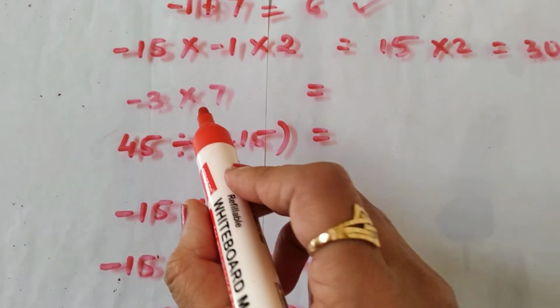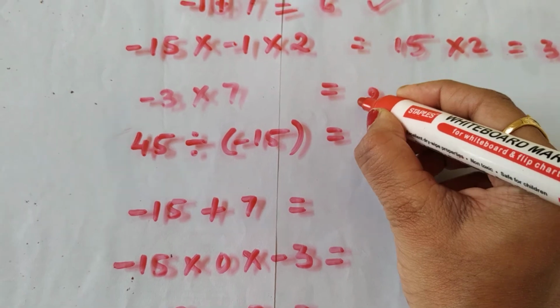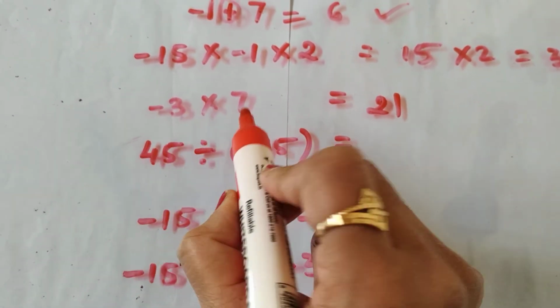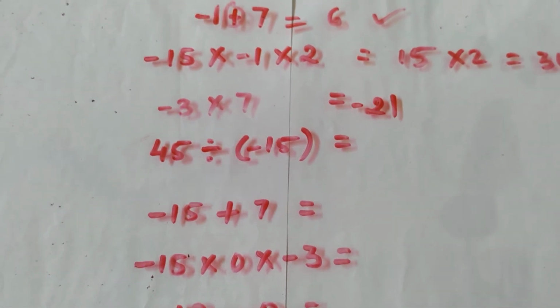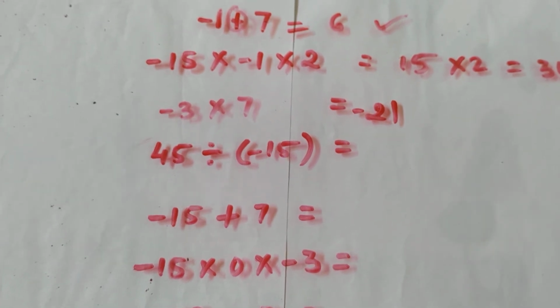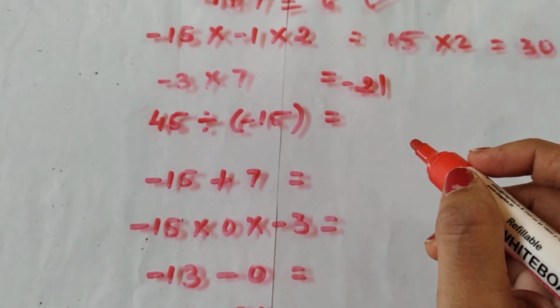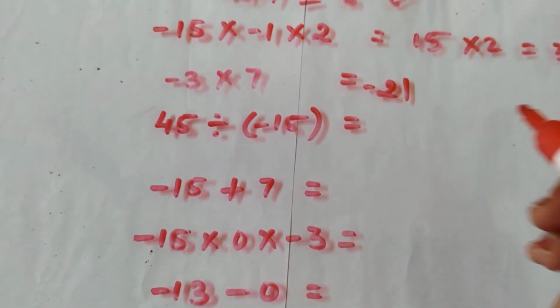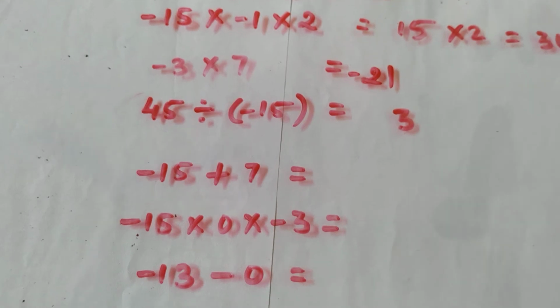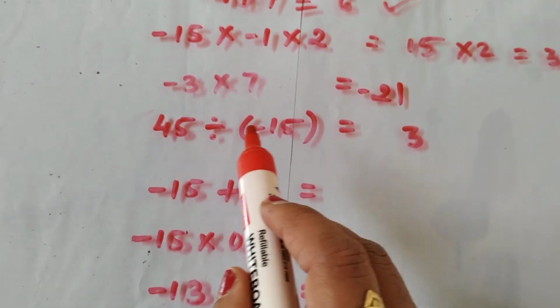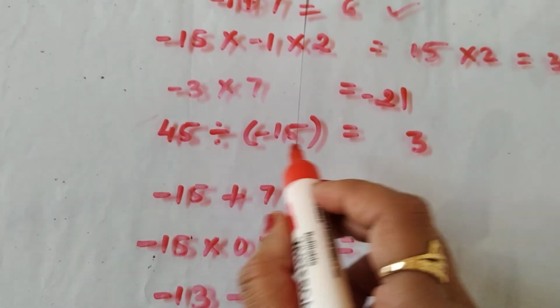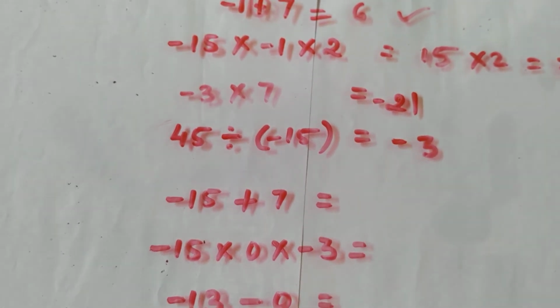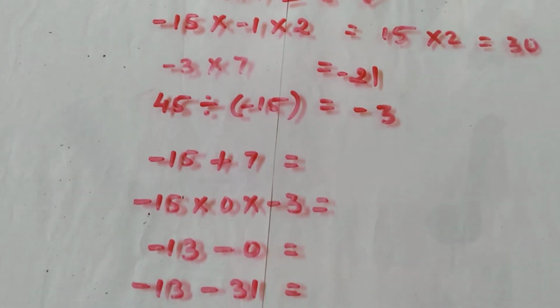Now 7 into 3, 7 threes are 21, minus into plus gives minus, different signs give a minus sign. Now minus 45 divided by 15, ignoring the minus first, 45 divided by 15 gives 3. But whenever different signs are divided by each other, the answer is always minus.